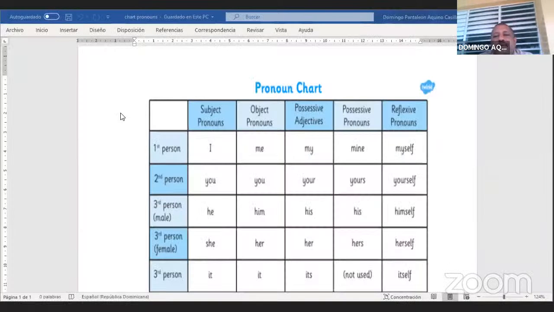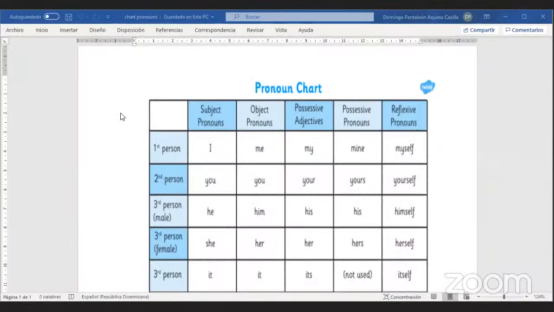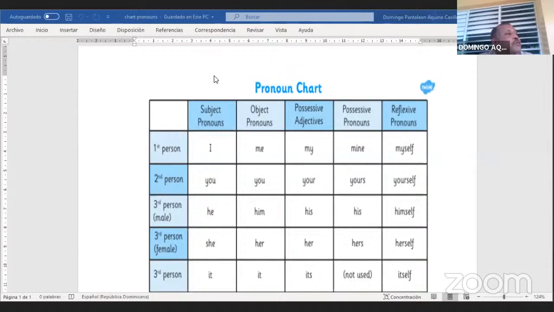Now, yes. Now you see the chart. You can go to Google, and in Google, you can find this chart to help you with the pronoun. Third person, subject pronoun, object pronoun, possessive adjective, possessive pronoun, and reflexive pronoun.